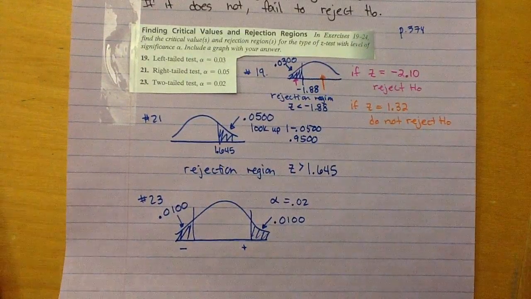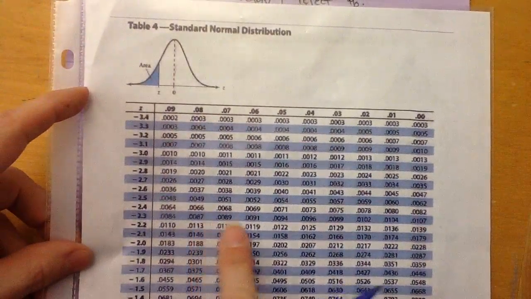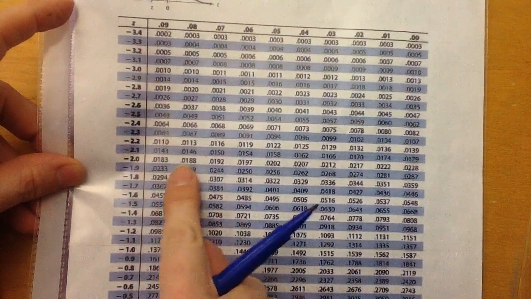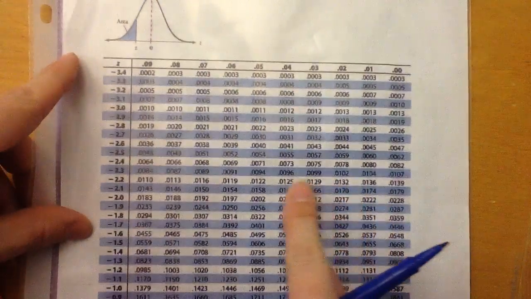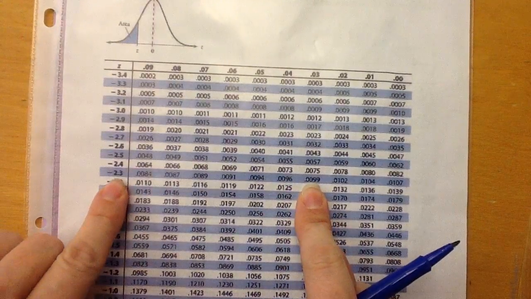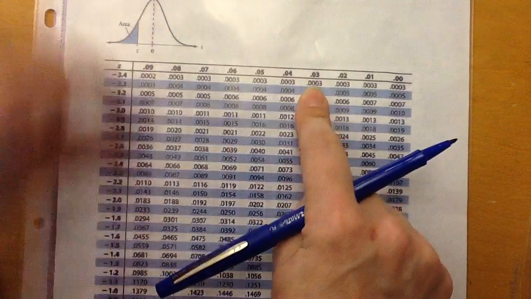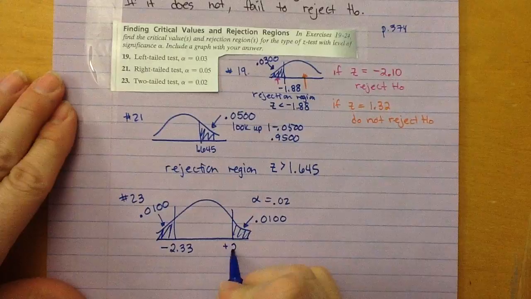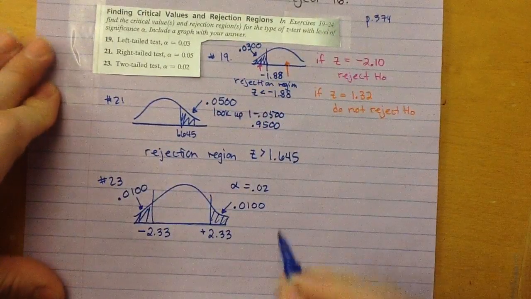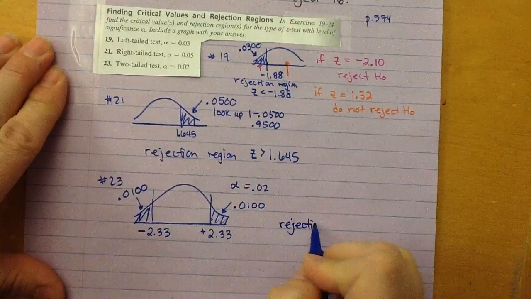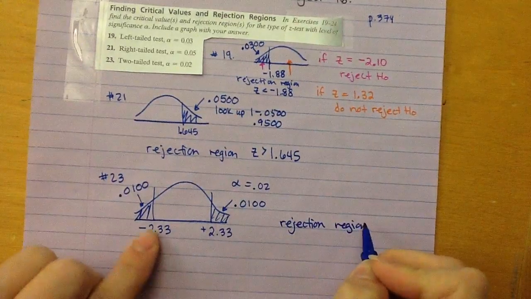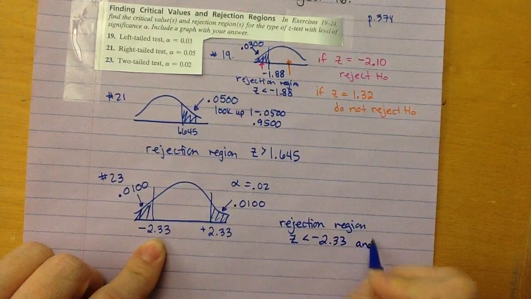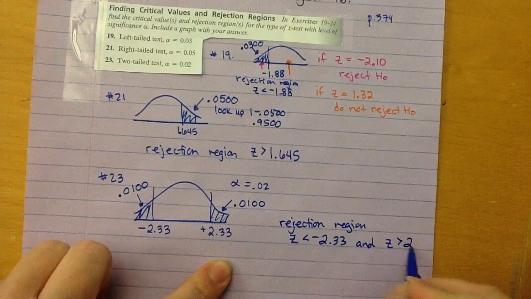So we're looking at 0.0100. Gosh, I'm bad at this. I hope you guys are better than me. Oh, there we are. 0.0099, so negative 2.33. So this z-score is negative 2.33, and this z-score is positive 2.33. So our rejection region here would be any z-scores that are less than negative 2.33, and also any z-scores that are bigger than positive 2.33.